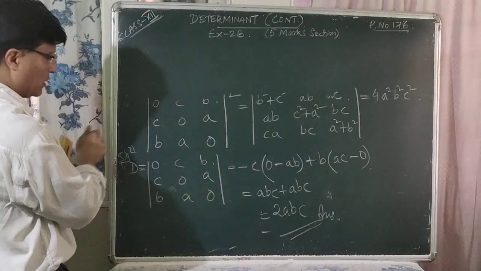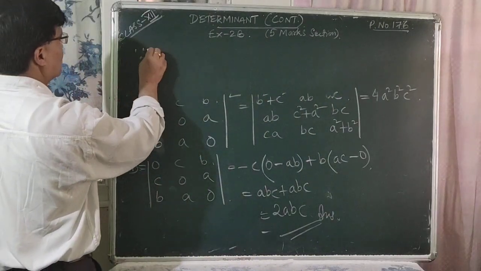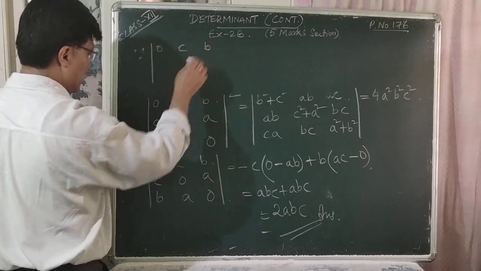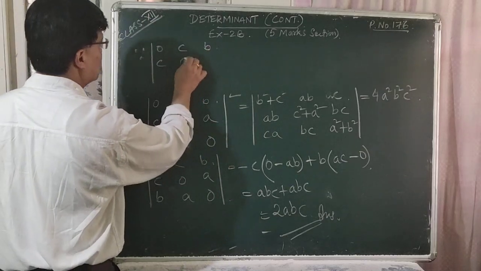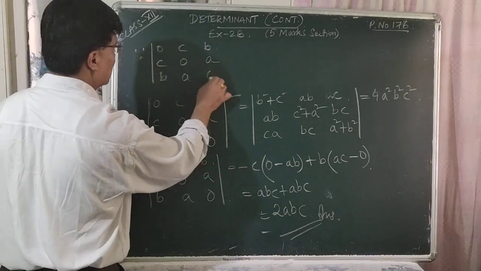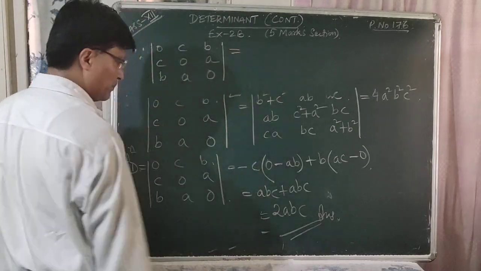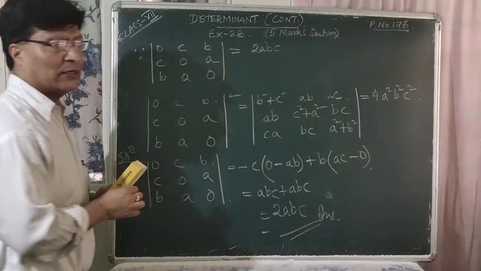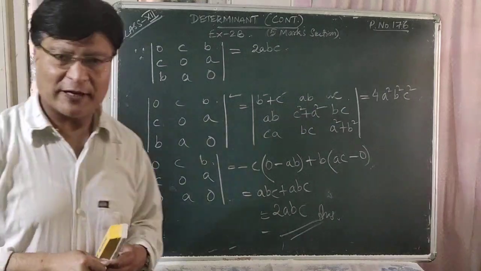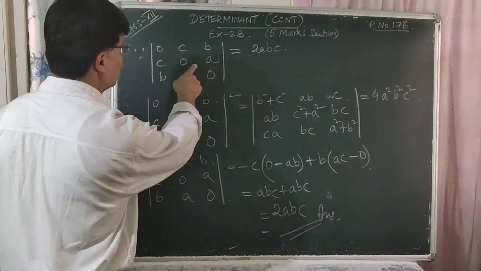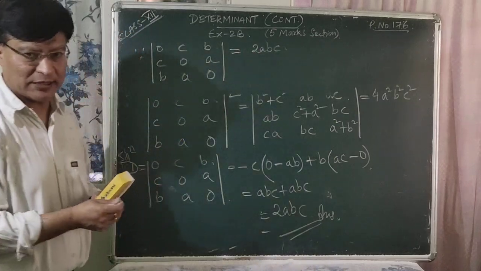Since just now we get 0, c, b; c, 0, a; and b, a, 0, which is equal to twice abc. Just now we got this simplification of the determinant, that is, by expanding the determinant we got twice abc.